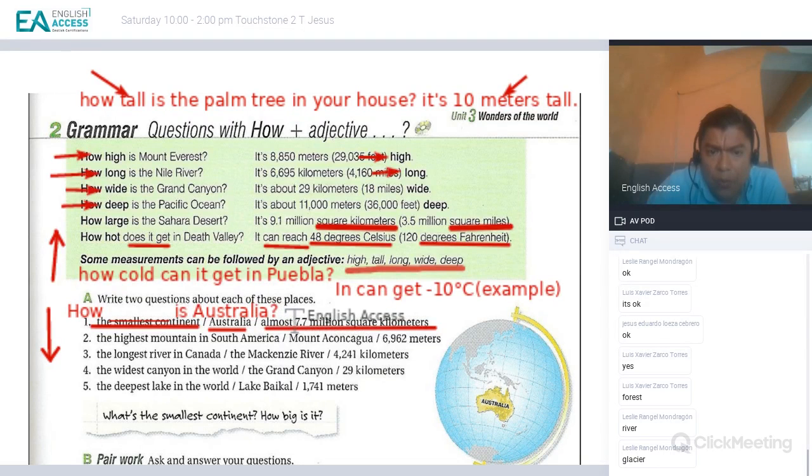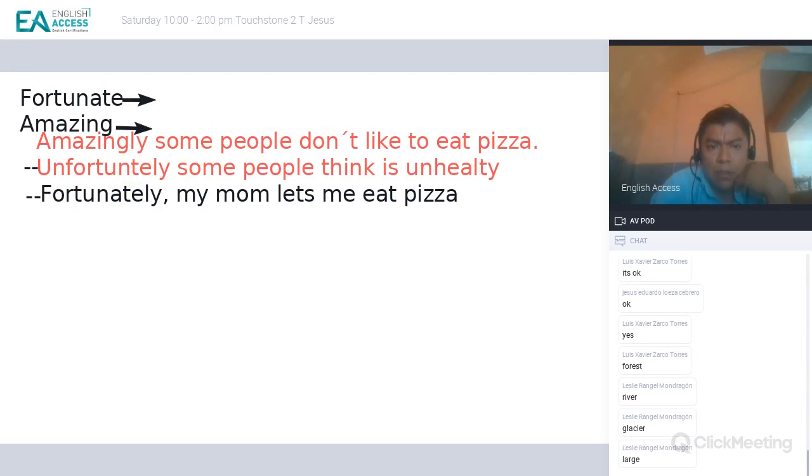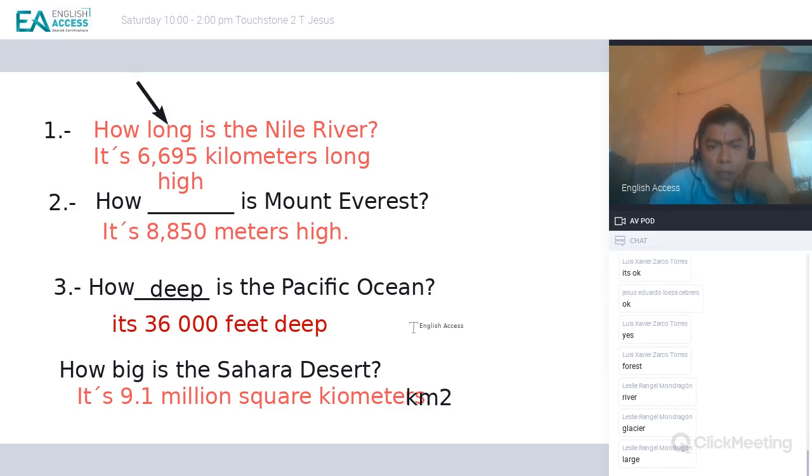And the answer is almost 7.7 million square kilometers. Yes, Leslie. What is the answer? Large. That's correct. Large. Yes. How large is Australia? And the answer? Australia is almost 7.7 million square kilometers. So let's go to the whiteboard. Is it this or this? No, it's this. Yes?